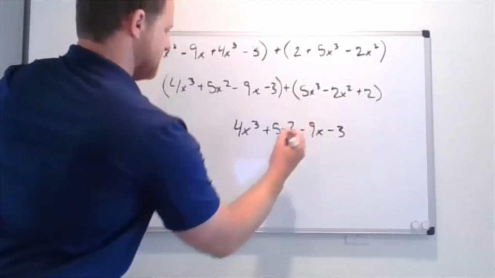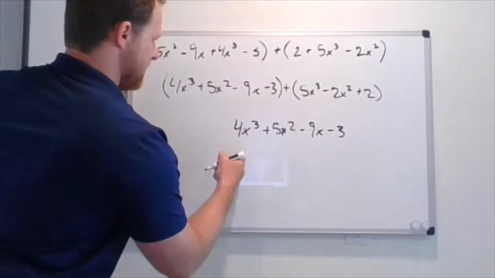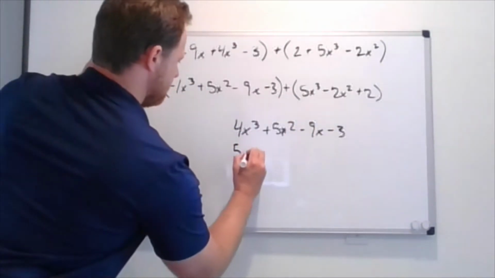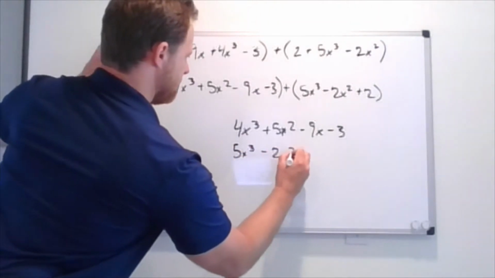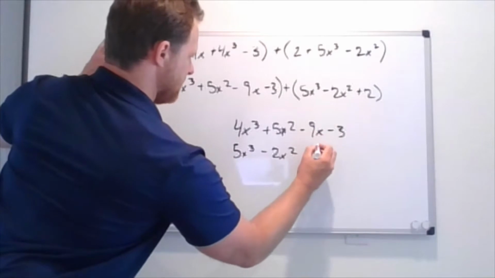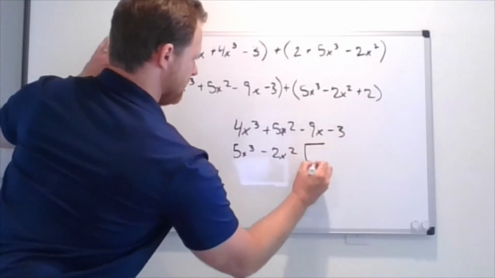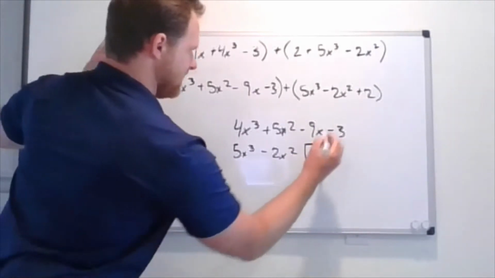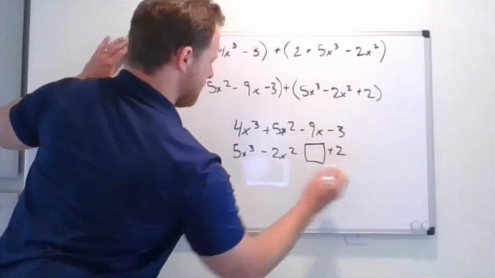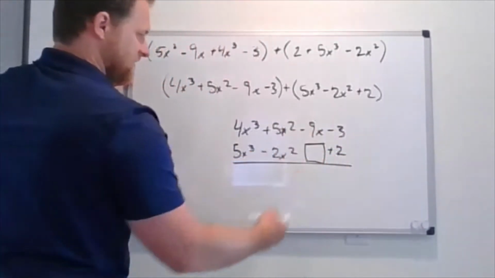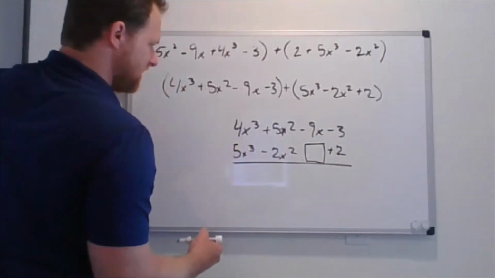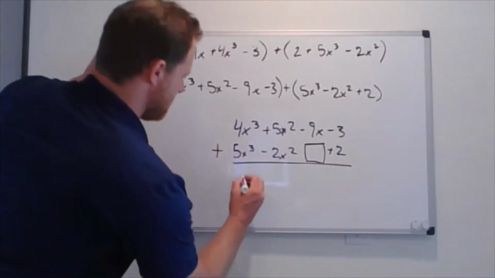And then I'm going to bring this term down, making sure that I line up each like term with the other. Notice there is no other term with an x in it, so I'm just going to leave that blank. But I'll maybe make a square there so that I know that that's something that just falls straight down. All right, so then we just add them straight down.